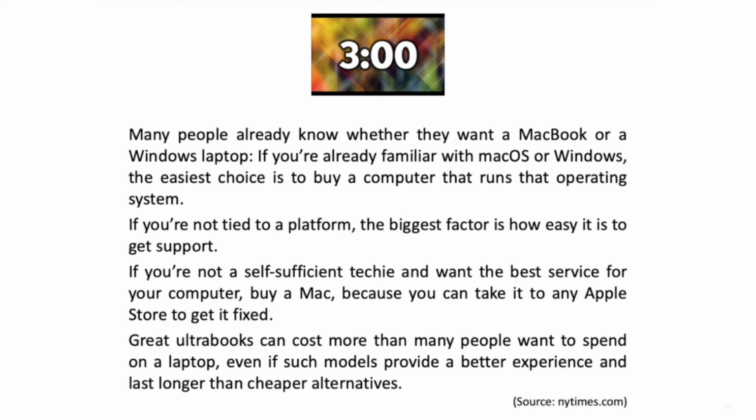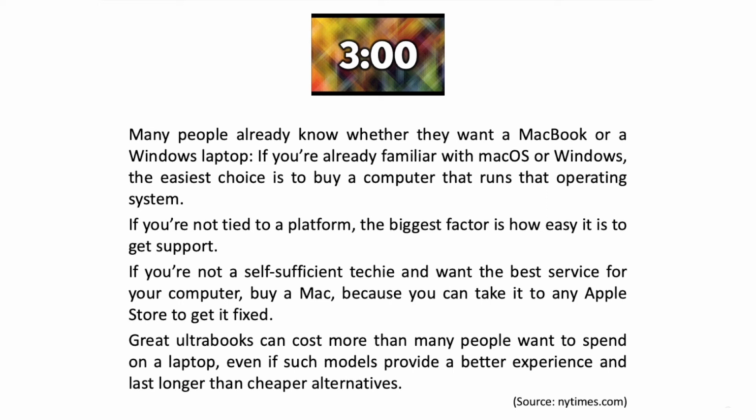Now let's try finding all the comparatives and superlatives in this text. This is part of an article from the New York Times. It compares different types of laptops or computers. Let's read. Many people already know whether they want a MacBook or a Windows laptop.